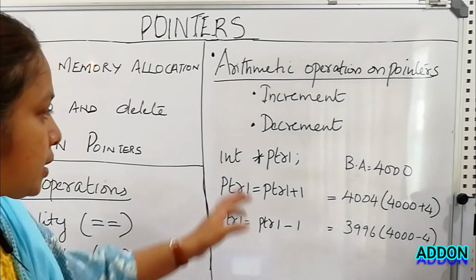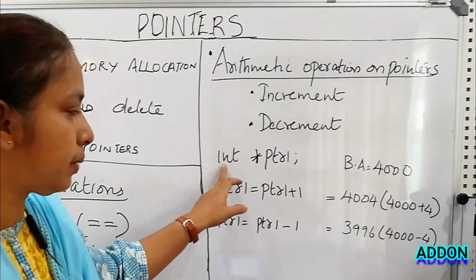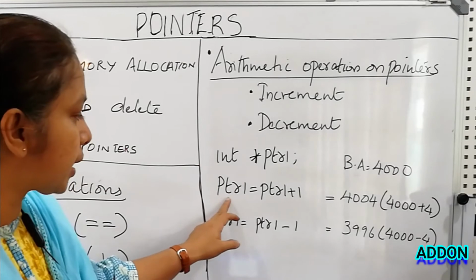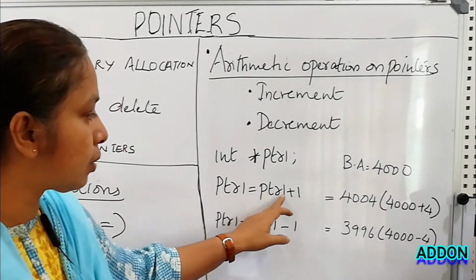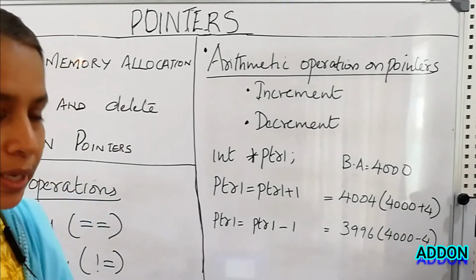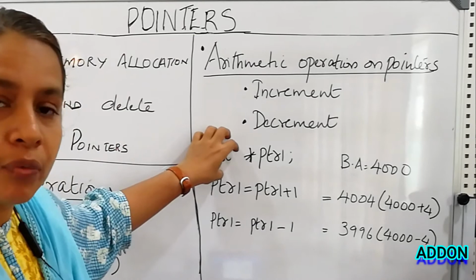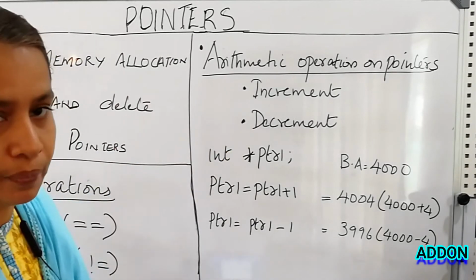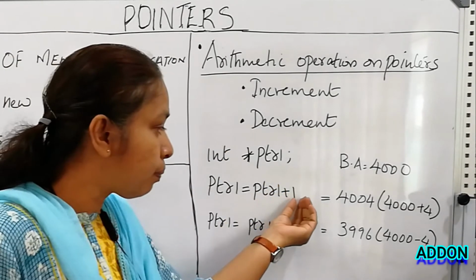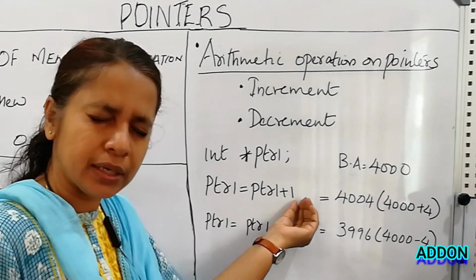Okay. Now let us see some examples. Here I have declared a pointer variable ptr1. It is of type integer. In the second statement I have given ptr1 is equal to ptr1 plus 1. That means the pointer variable should be incremented by 1. We know that the amount of memory required for the integer data type is 4 bytes, so its size is 4.